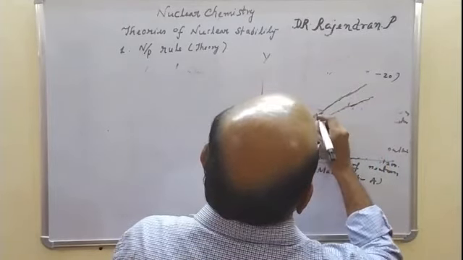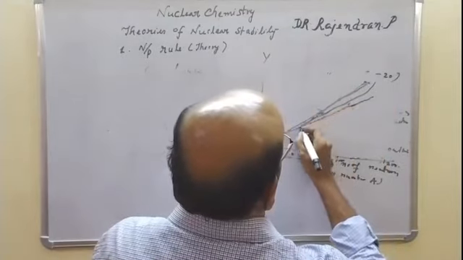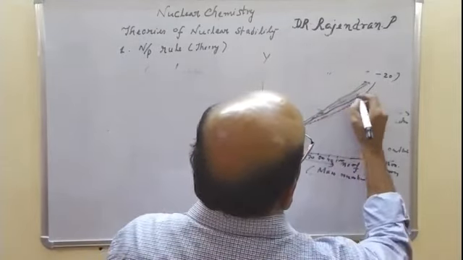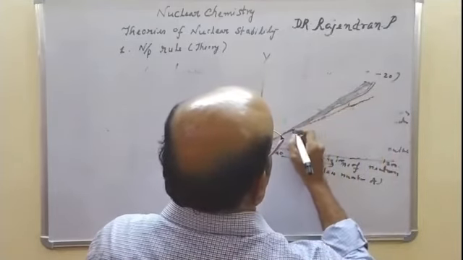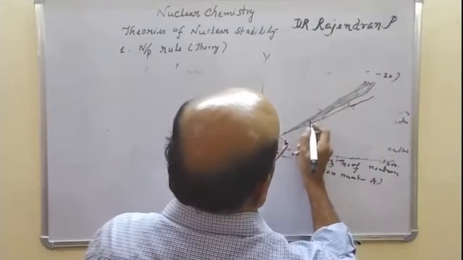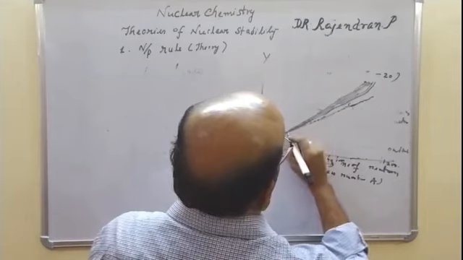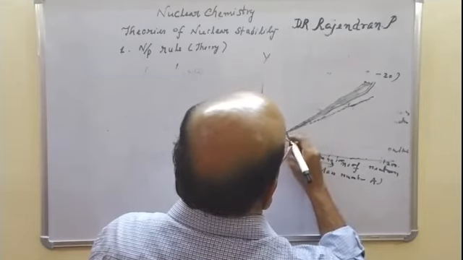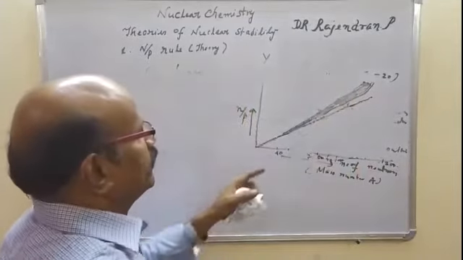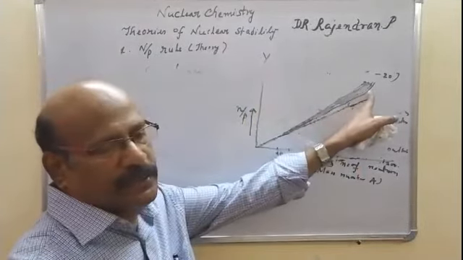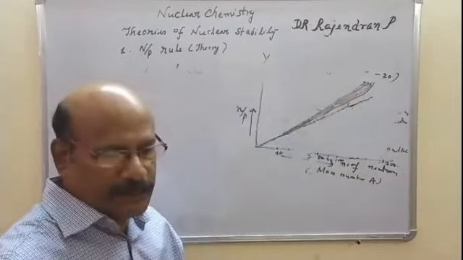So all the nuclei, when plotted, fall within a belt. All the nuclei falling within the belt are stable nuclei. So remember, all the nuclei that fall within the belt are stable, and all the nuclei above the belt and below the belt are unstable.